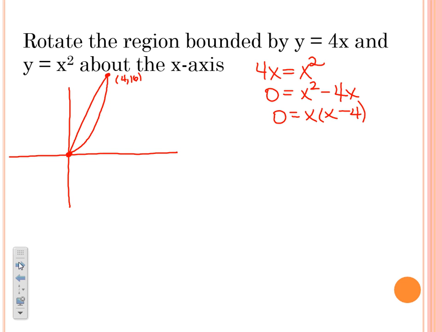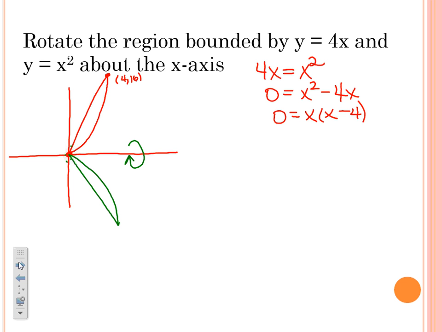Okay. So now, if we want to rotate around the x-axis, we would get something that looks like this. What I want you to imagine: if we have vertical rectangles, we would be getting these washers.